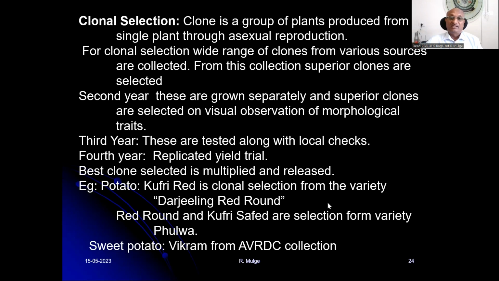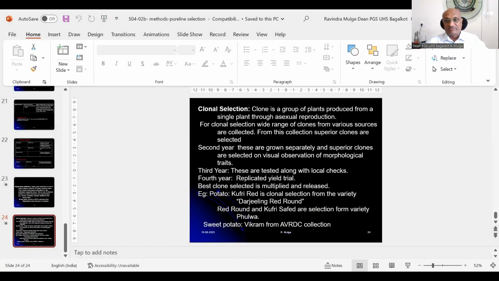Similarly, Kufri Safed is a selection from the variety Fulwa. Sweet potato Vikram is from the ABRDC collection. So these are examples of clonal selection. With that, we are ending the first topic: methods of breeding, general description, and then pure line selection, single plant selection, and clonal selection.